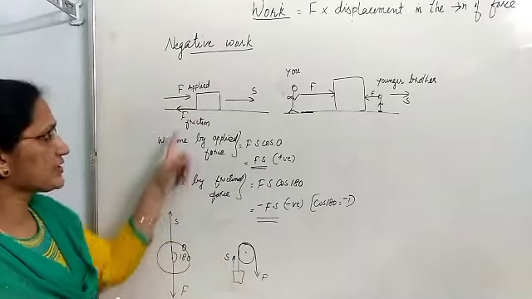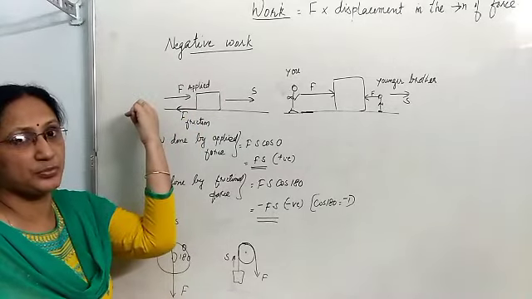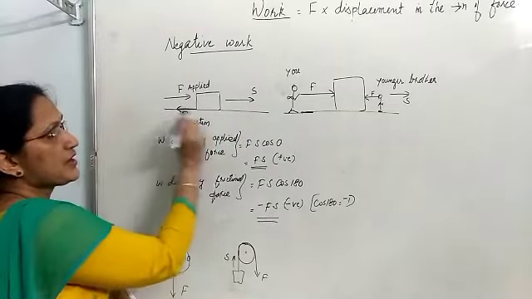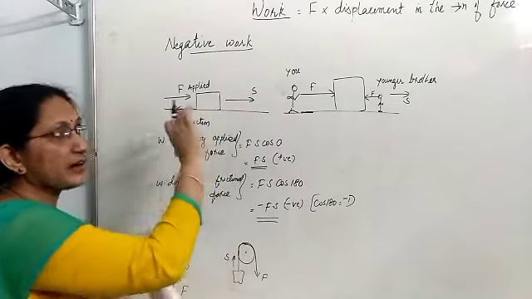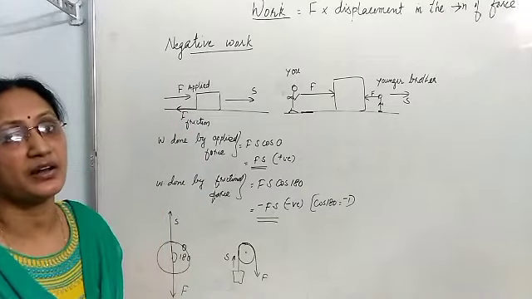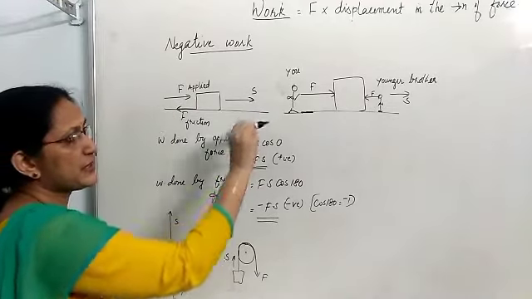Now let us calculate the work done by this frictional force. The frictional force direction is opposite to the direction of motion. So the frictional force and the displacement are in opposite directions. That means theta is 180 degrees.